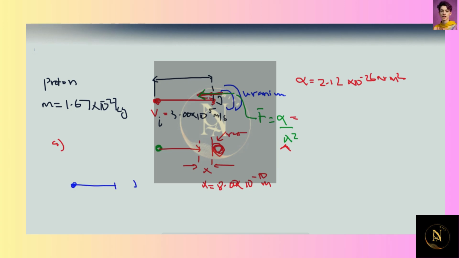The uranium is at a distance of 5 meters. So at this point, I'm going to call it x1, is 5 meters. And then this gap here, x, is 8.00 times 10 to the negative 10 meters.